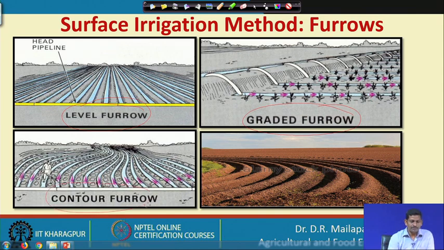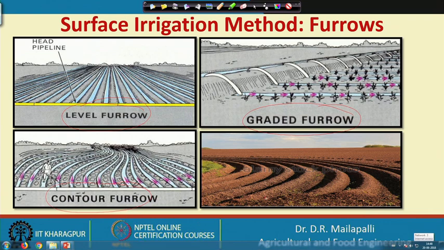And contour furrows, where furrows follow the contour lines if the field is sloped. This shows how the contour furrows are going to be made; they definitely follow the contour lines of the field.